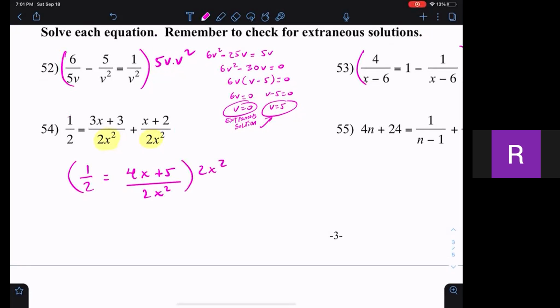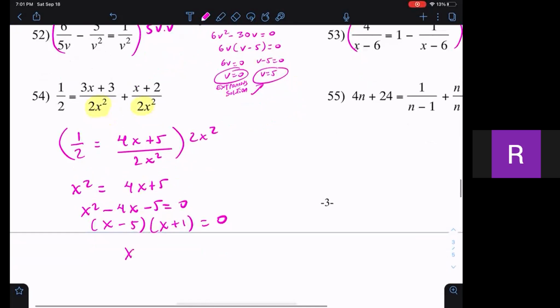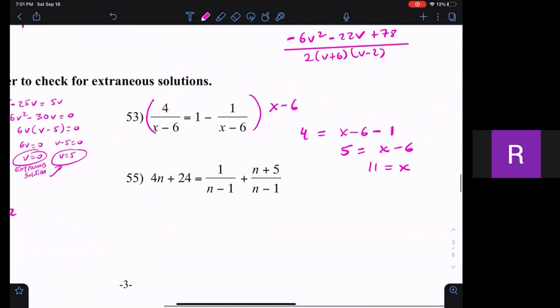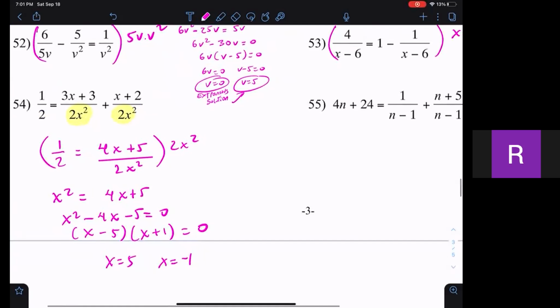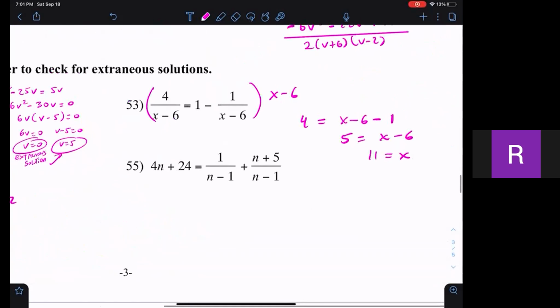So that's going to be x squared equals 4x plus 5. Subtract 4x and 5 on both sides, so that you're going to get this. So x minus 5, x plus 1, x equals 5, x equals negative 1. Next. And make sure that you check for extraneous solutions, okay? If both work, then that's fine.